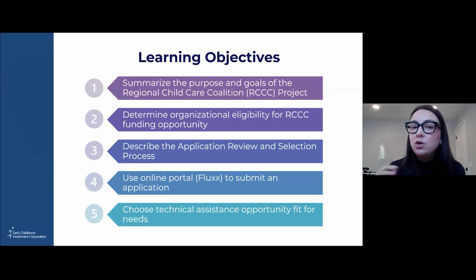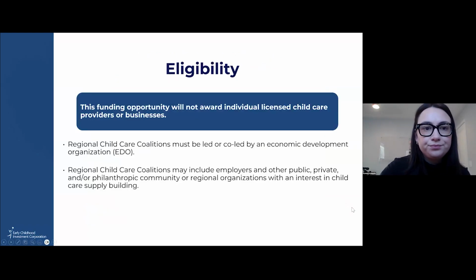Second, be able to determine your organization's eligibility for the funding opportunity. Third is to describe the application review and selection process. Fourth, use the online application portal, which is Flux, to submit an application. And then finally, to choose the TA opportunity best fit for your needs post this webinar and before the application ends.